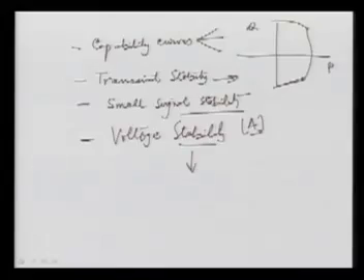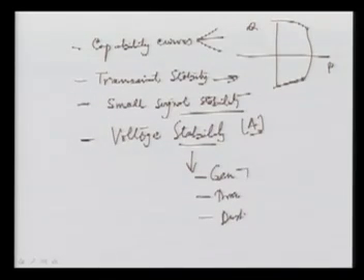Again, FACTS controllers are used for both static as well as dynamic voltage stability limits. Then I explained how we can improve the voltage stability limits. Again, at the generator level we can do something, at the transmission level, and here at the distribution level, so from these 3 angles.